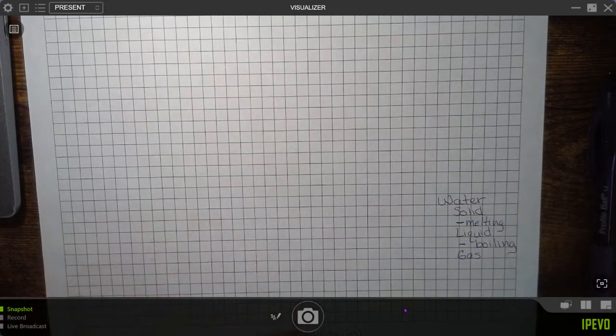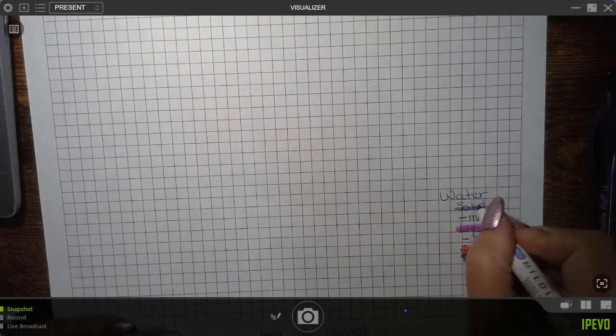When I get my graph drawn, I'm going to highlight the different states of matter with colors.